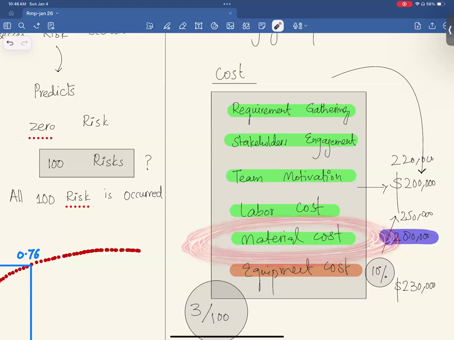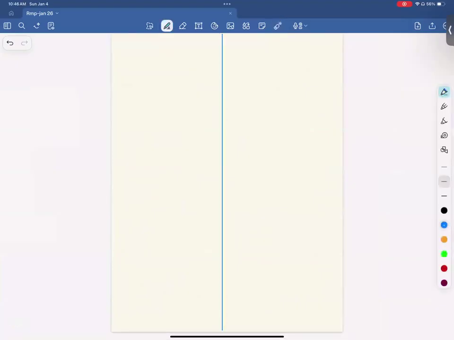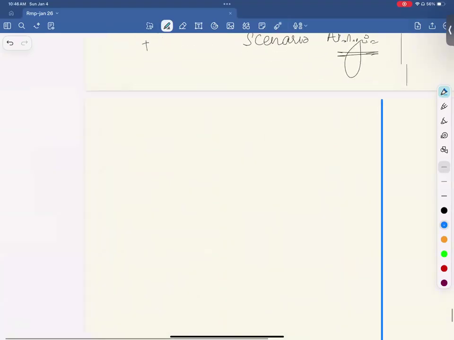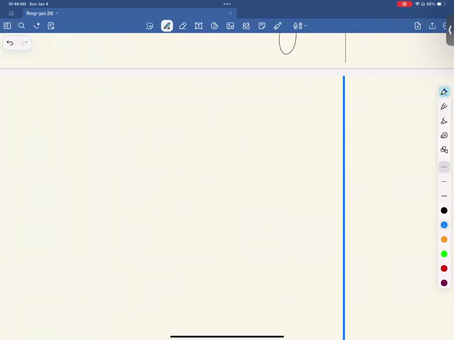You understand? And based on that, we get a tornado diagram. Let me draw it here. You'll get a better idea. So this is how your tornado diagram looks.